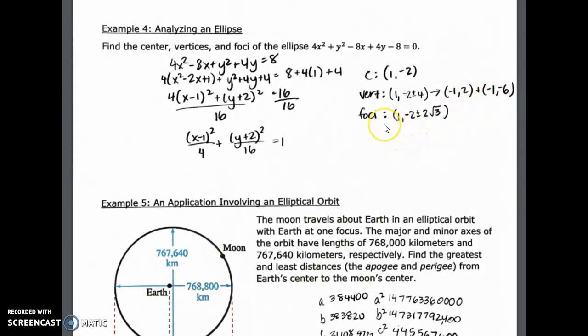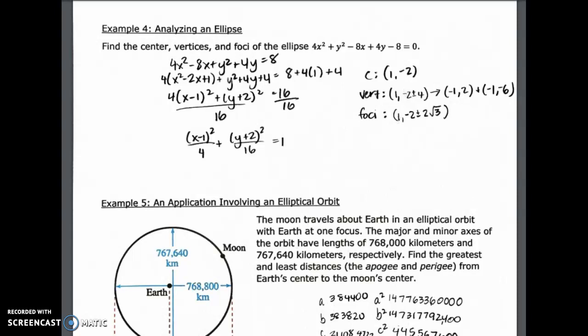And the foci, which are also along that same axis, so I'm still affecting the y's. So I need to get my c value. Well, to get my c squared, I subtract these two, and I take the square root of that. So the square root of 12 simplifies to 2 square root 3. So my foci are going to be at (1, -2 + 2√3) and (1, -2 - 2√3).